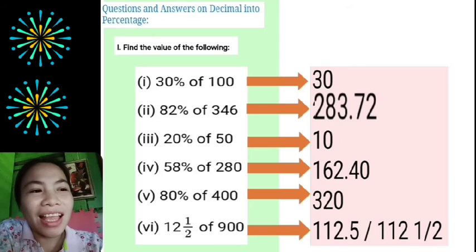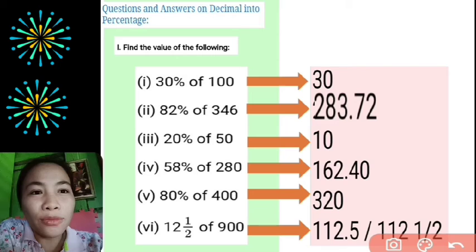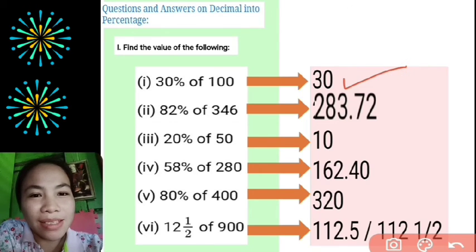Question number 1, 30% of 100, is less 30. And question number 5 is less 112.5.